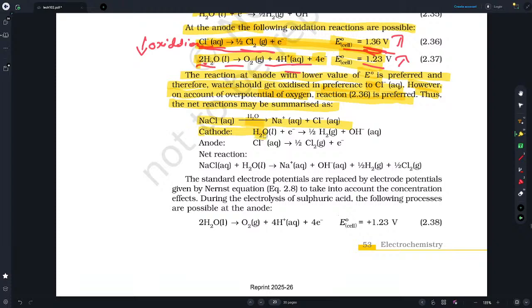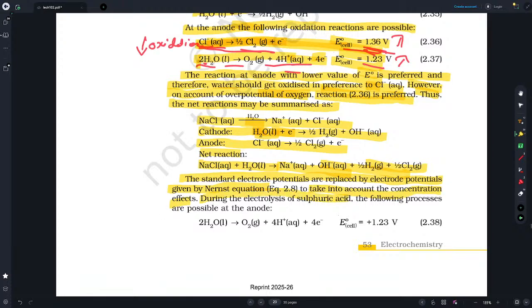At cathode, H2O getting reduced to give hydrogen gas and hydroxide ion. At anode, chloride ion getting oxidized to give chlorine plus electron, and net reaction being sodium chloride plus H2O gives sodium hydroxide plus chlorine plus hydrogen. The standard electrode potentials are replaced by electrode potential given by Nernst equation, which takes into account the concentration effects.